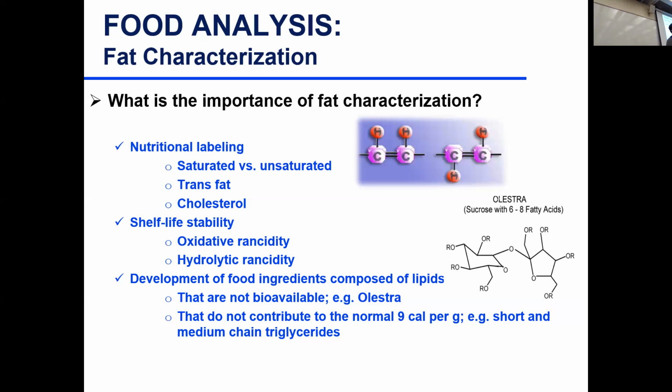Sometimes we form new types that are for emulsification purposes that have short and medium chain triglycerides. These will have less than 9 calories when they are consumed in our body due to the fact that they have shorter chain, fatty acid chain. So that is something for consideration.